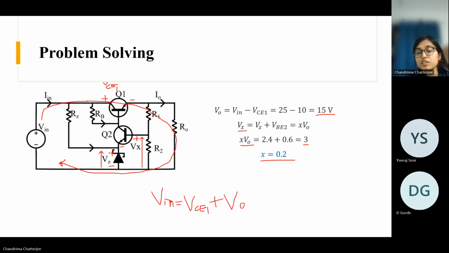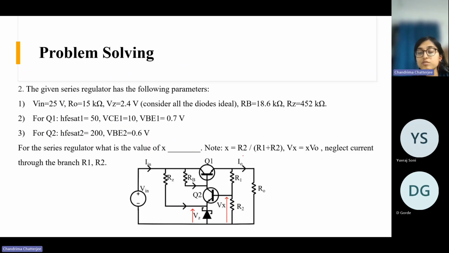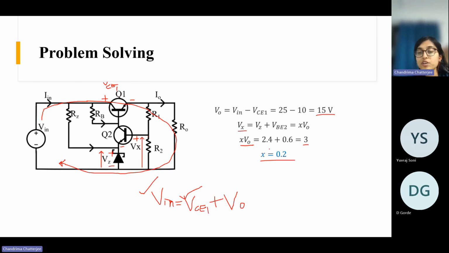So if V in is given and VCE1 is given, we calculated V naught, and from V naught we can follow these steps to calculate the value of X. So Vx is the attenuated voltage. Vx is nothing but the voltage that we get across this resistor R2. And X is R2 by R1 plus R2. Okay. So that value is 0.2.